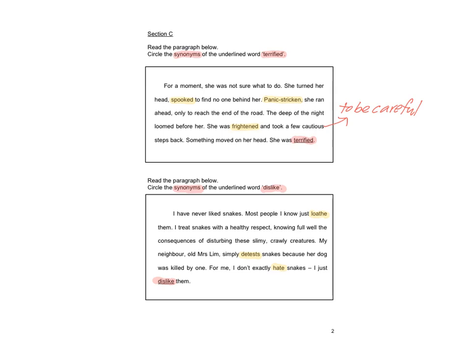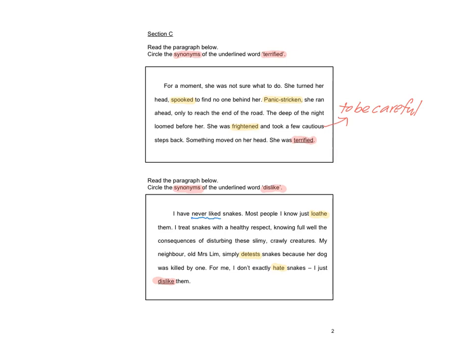Now you might be wondering, why didn't I choose never liked? Okay, for never liked, it is a phrase and not a synonym. It is not a word that means dislike. It would mean never liked, but it is not a word in itself.